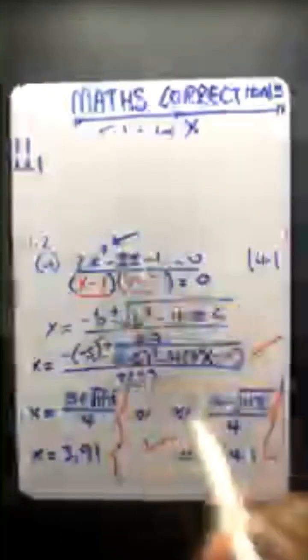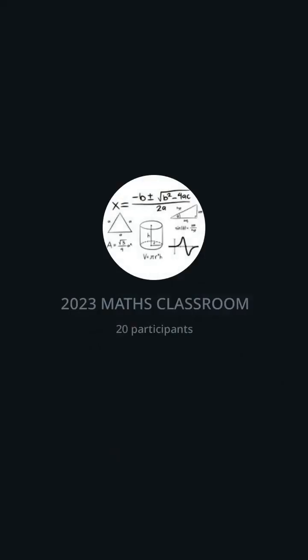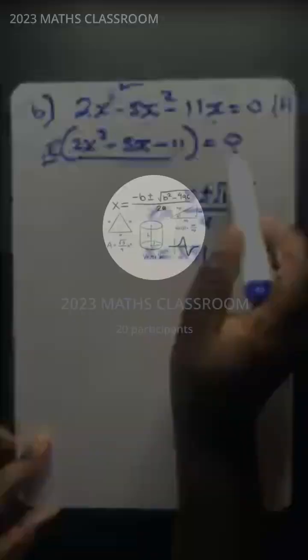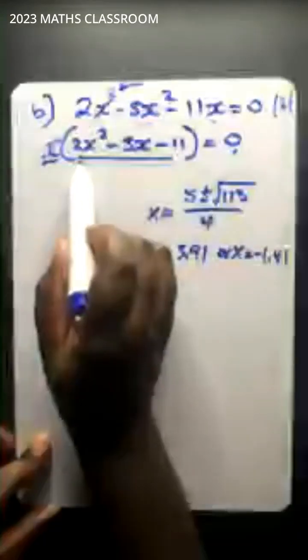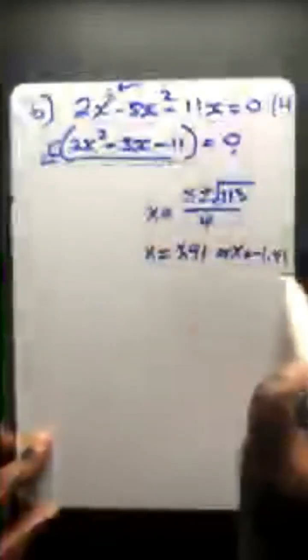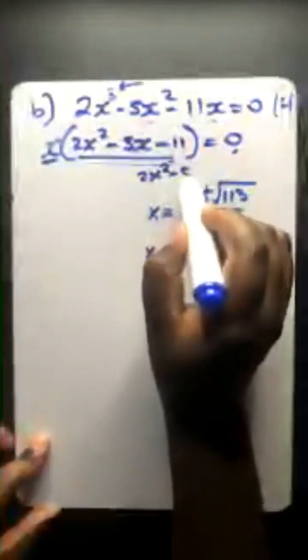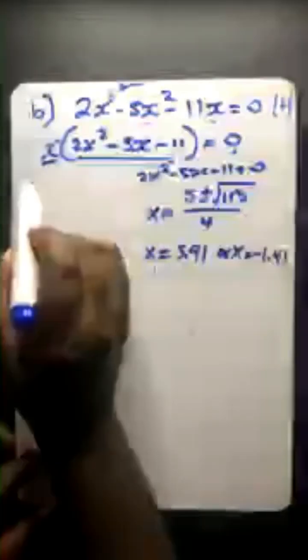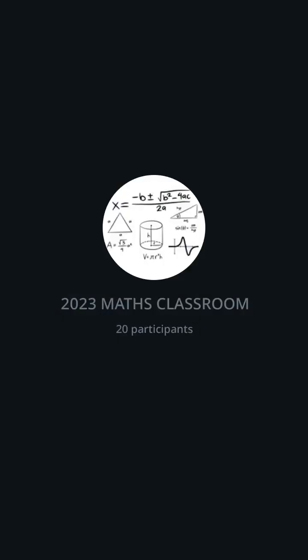Just like when you have the highest degree being squared, it means you are going to provide 2 possible x values. So this is where you remember that all of this you equate to 0, and after equating that to 0, this is what you get. So it's more like what we have just done. The trick here was just to take out a common factor being x.